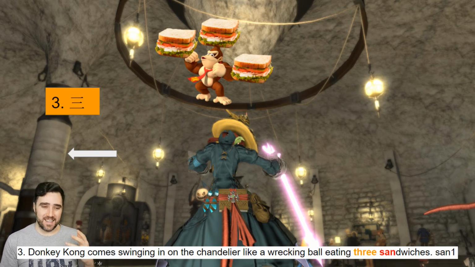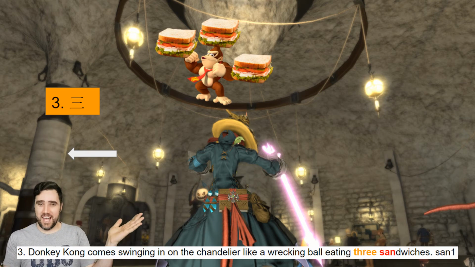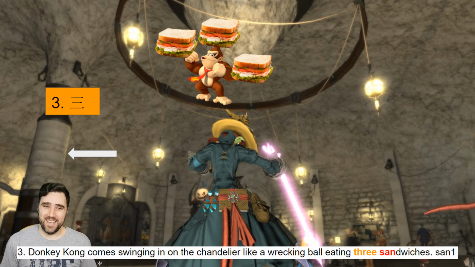So the thing I remembered was Donkey Kong swinging in on the chandelier like a wrecking ball, eating 3 sandwiches. And just picturing him trying to hold a sandwich in each hand and 1 sandwich on his head, it's pretty funny to me. It's quite humorous. And also san, in this case, is the word for 3. It's the pronunciation, san. And you can see I have 3 sandwiches being balanced there to remember this word 3.